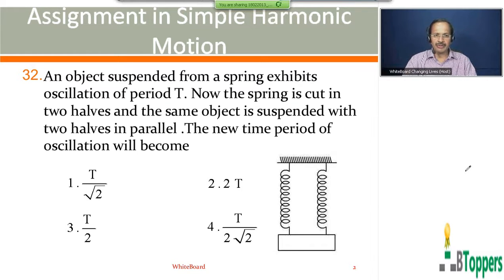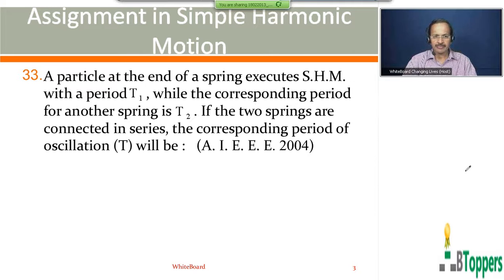Next I am going to show you the question number 33. Look at the question number 33 on the screen. A particle at the end of a spring executes simple harmonic motion with a period T1, while the corresponding period for another spring is T2. The 2 springs are connected in series. The corresponding period of oscillation T will be.